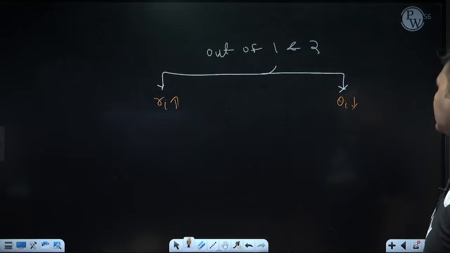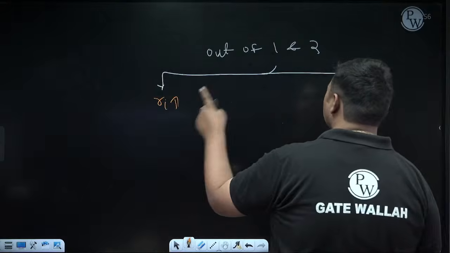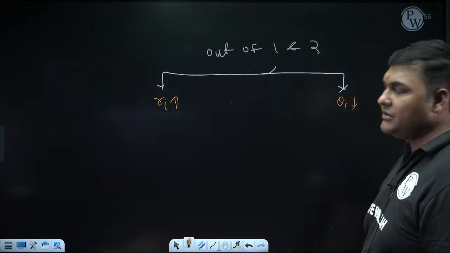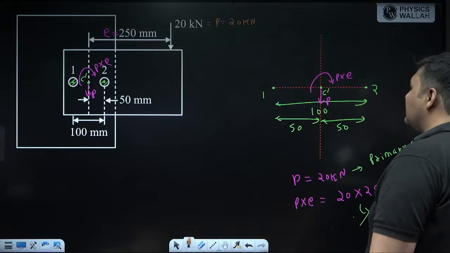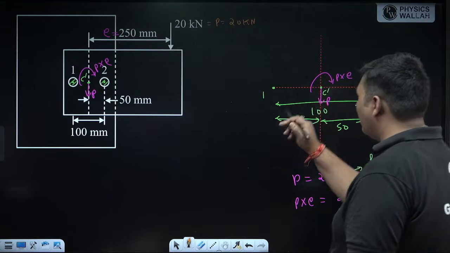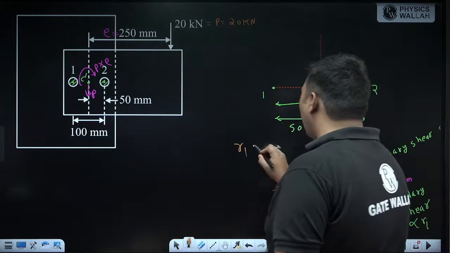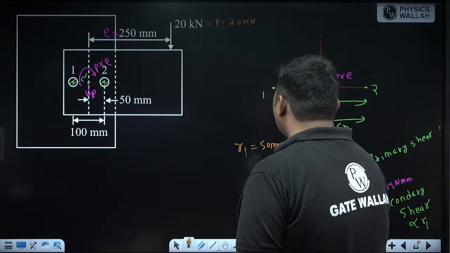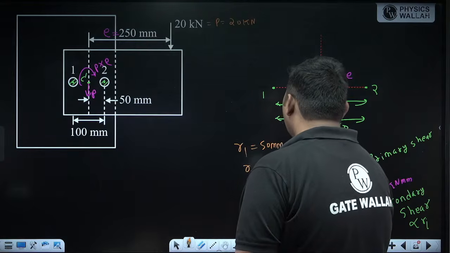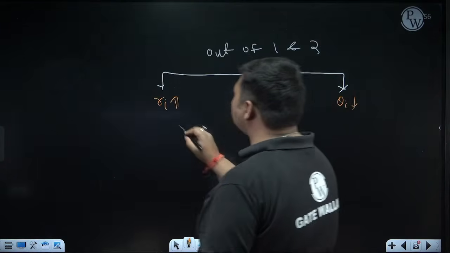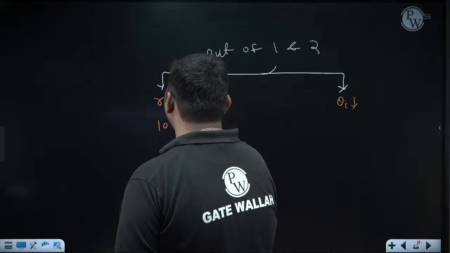The rivet out of 1 and 2 for which Ri is maximum and theta is minimum will be the critical rivet. Ri calculation is easy. For rivet 1, the radial distance of the center of rivet 1 from the centroid is 50, so R1 is 50 mm. For rivet 2 also you can see it is 50 mm. So as per the Ri criteria, it is the same for both rivets, so you can take any rivet out of 1 and 2.